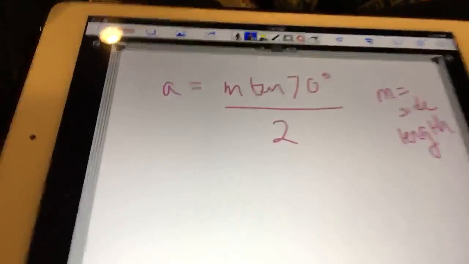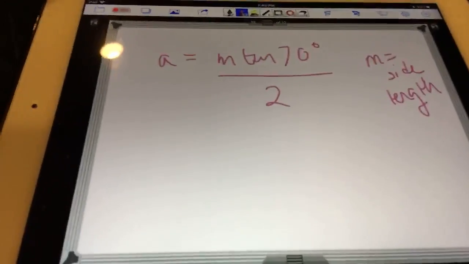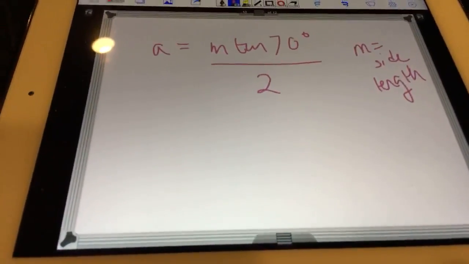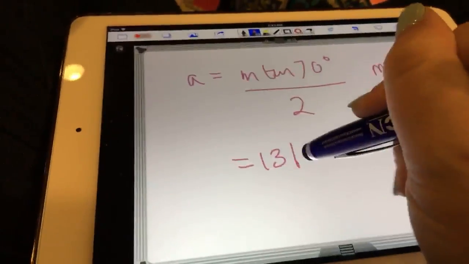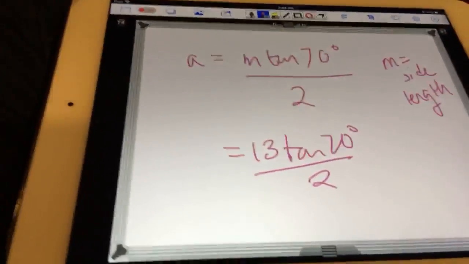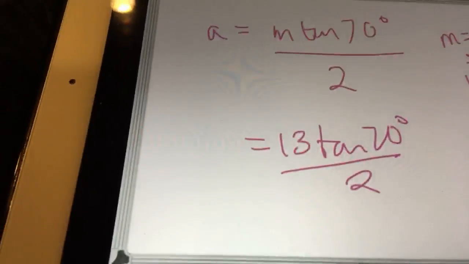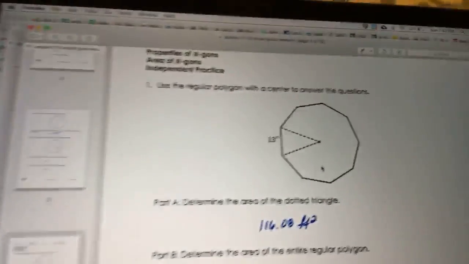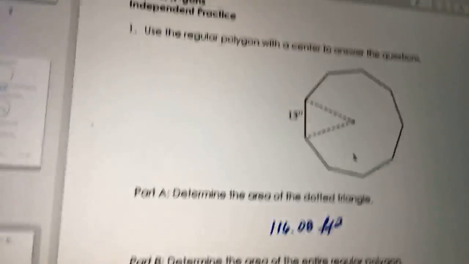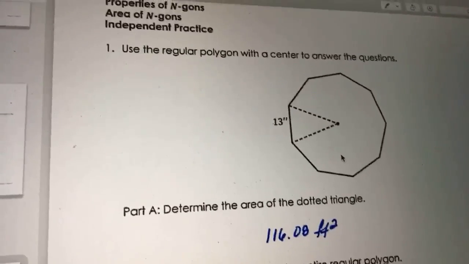If it were any other type of regular polygon, any other number of sides, we would have to go through that tangent process to find the apothem, okay? We know that the side length is 13, so this is 13 tangent 70 over 2. Now, why does that matter? It matters for a couple of reasons. Looking at this, we're trying to find the area of that dotted triangle. Well, the area of a triangle is 1/2 base times height.